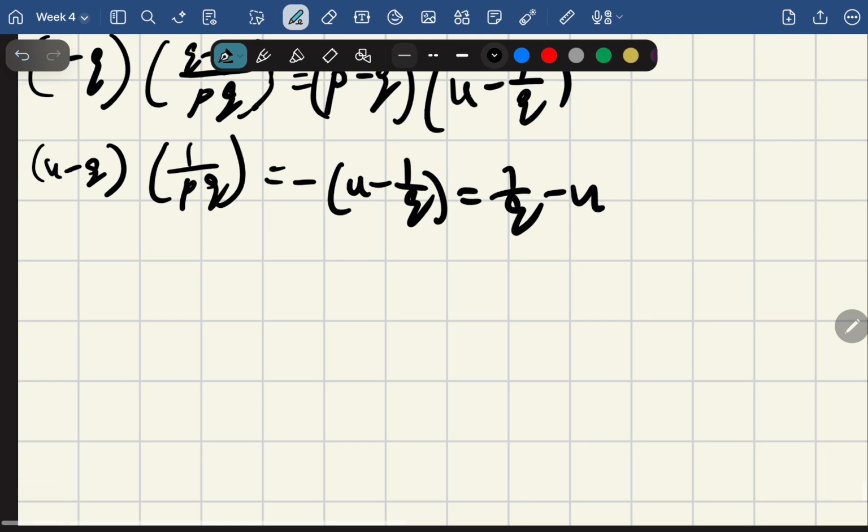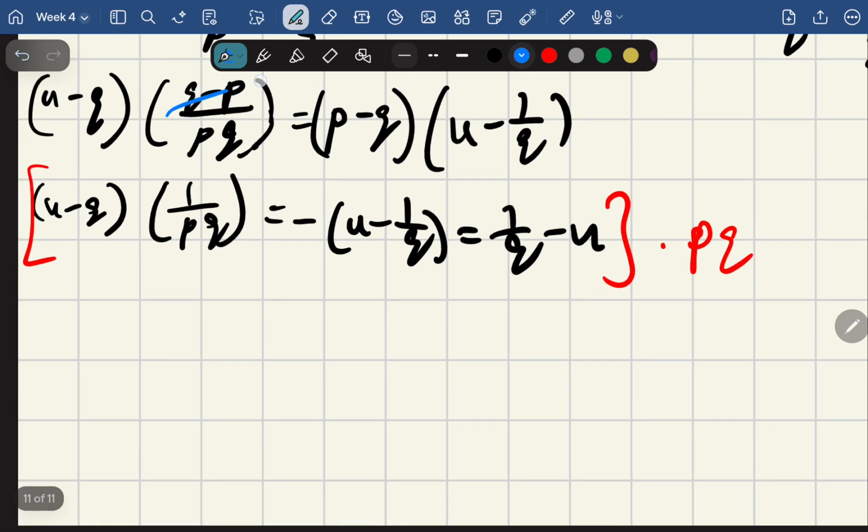And then we can multiply both sides by PQ. So U minus Q is P minus PQU.